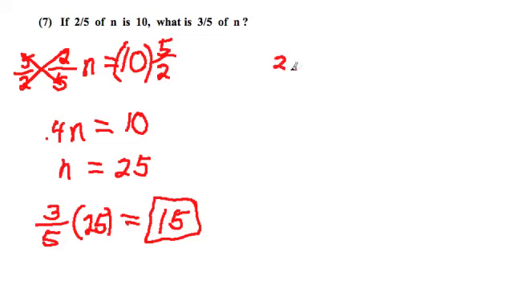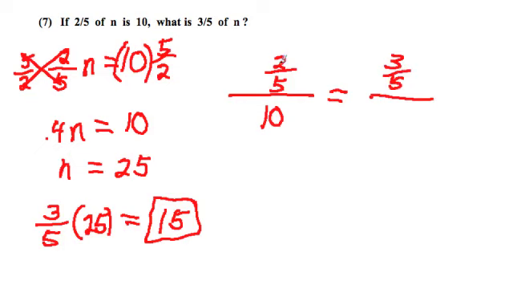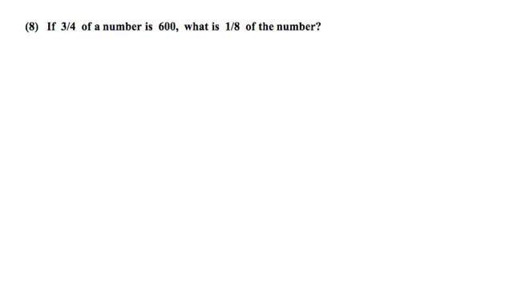If 2/5 of n is 10, then 1/5 would be a half of that, and 3/5, well, this is 1.5 times that, so this would be 1.5 times that. Next fraction problem.